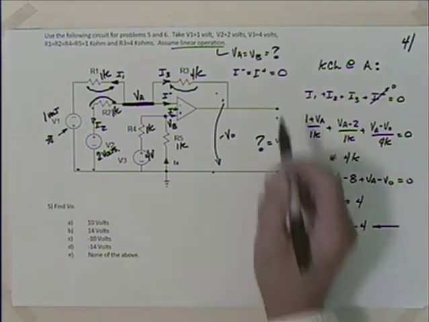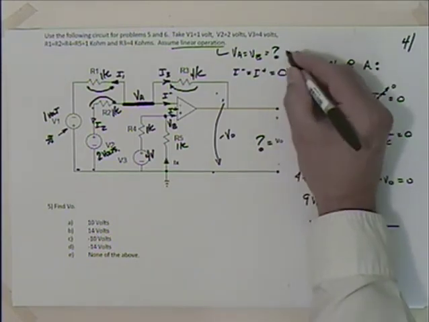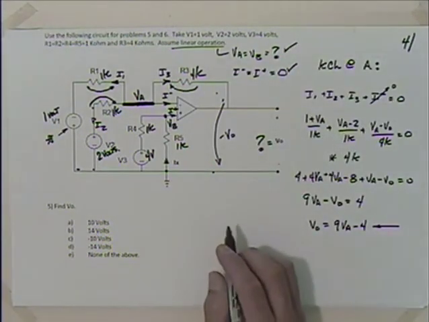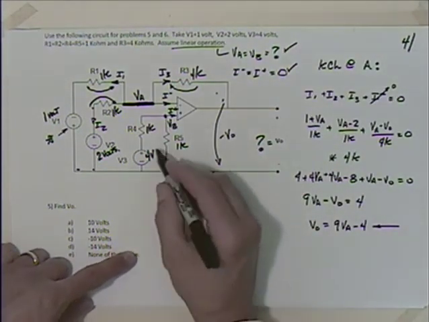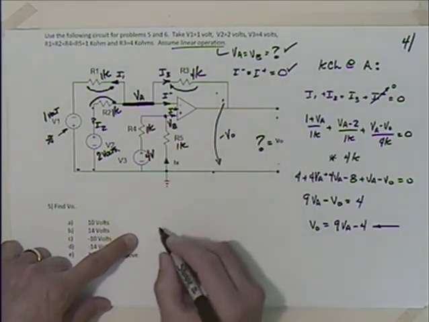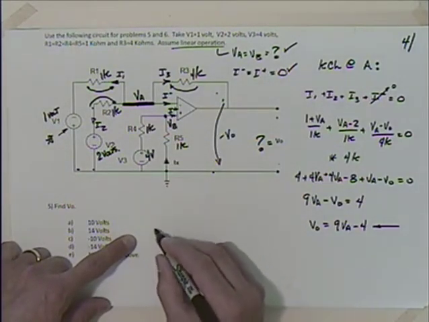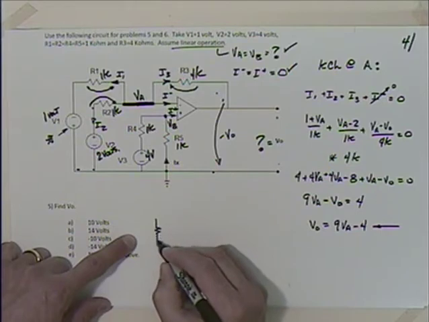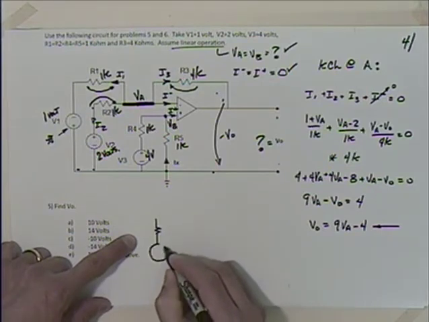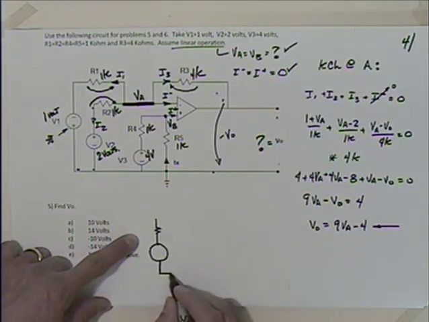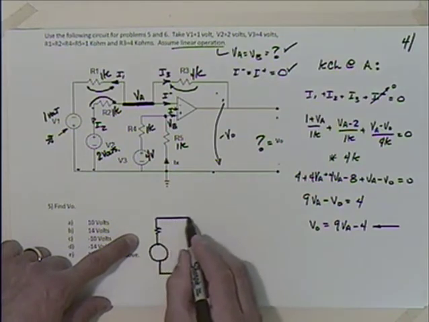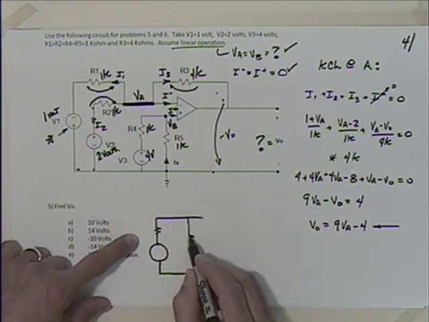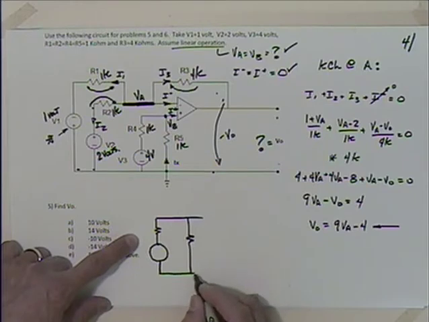I've used this one already, now I'm going to have to come up here and use this one, that VA is equal to VB. So let me look at this little piece of circuit right here. This is our reference ground.